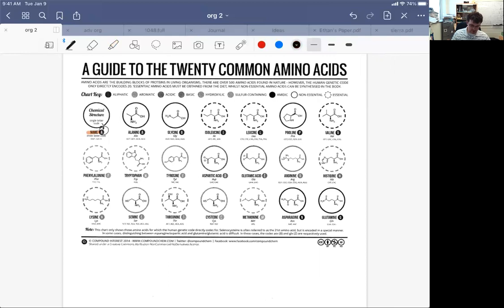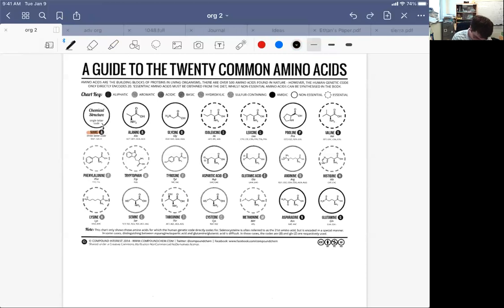The one-letter code is different among all of these amino acids because we have to put them together in a polymer sequence to make a polypeptide or a protein. As many of you know that have taken some biology, the sequence of those amino acids is critical for determining the properties of the protein.